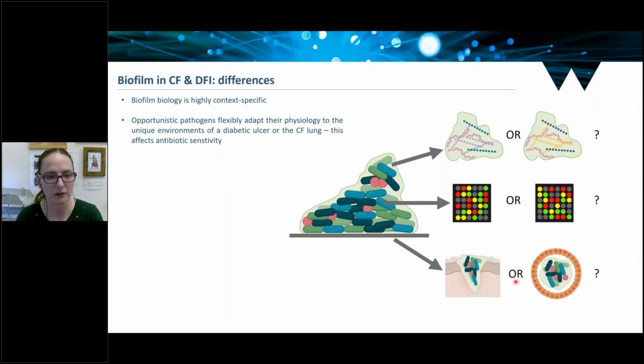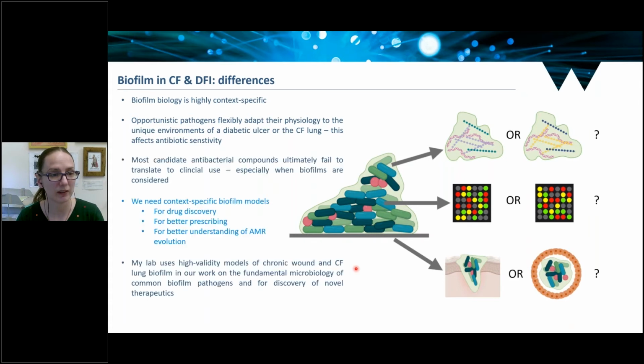So your kind of cartoon biofilm, when it finds itself embedded perhaps deep within tissue, it will find a different environment from when it's living as a blob inside mucus in the very salty, osmotically challenging environment of a cystic fibrosis lung. And so you would expect that the same pathogen might show a very different pattern of gene expression in those two environments, and it might make a different complement of biofilm matrix polymers to surround itself in those two different environments. And all of these things are going to affect antibiotic sensitivity.